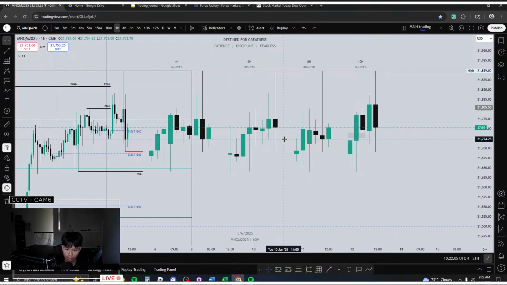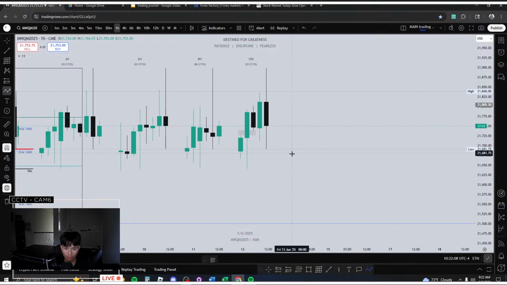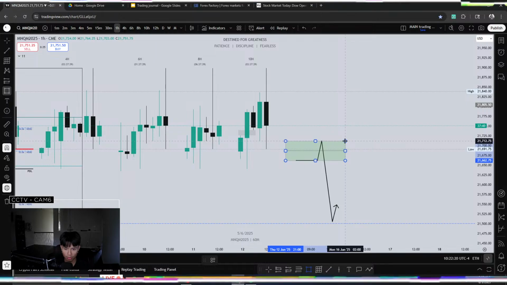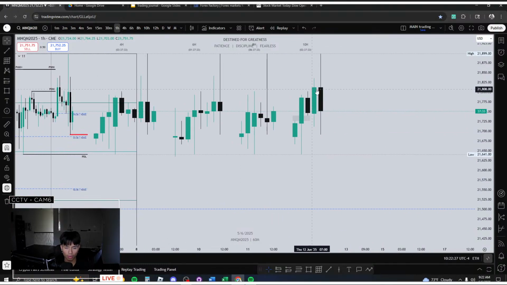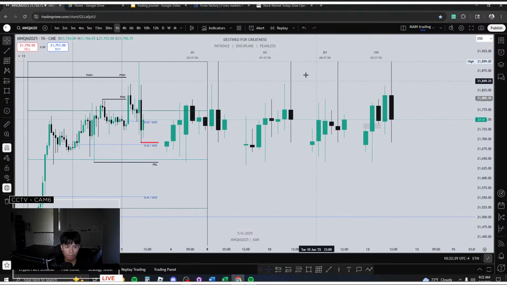Essentially, think of it in terms of power of 3. Every single candle, a down close candle would be open, high, low, close. So your best sells are going to be anywhere in this green box or near the open, and vice versa. You can apply the same concept to whenever you're in a bullish candle.